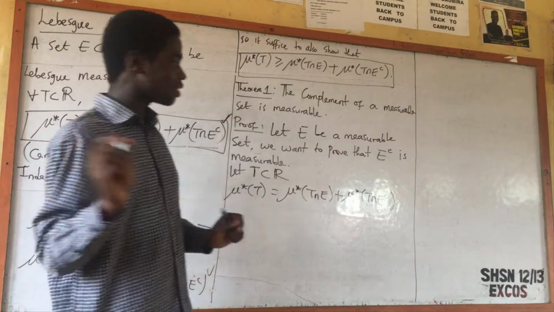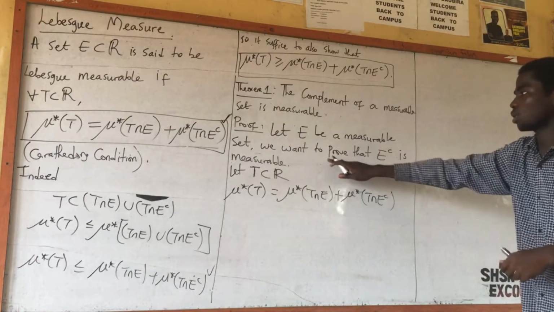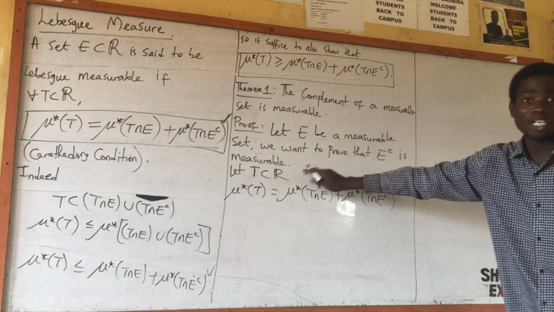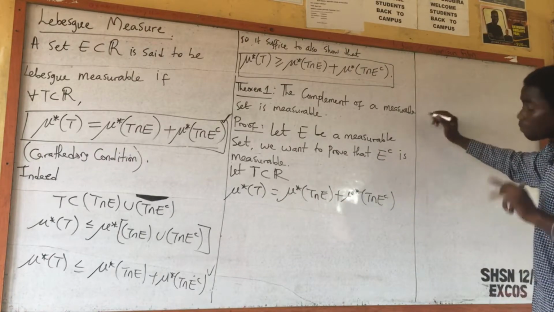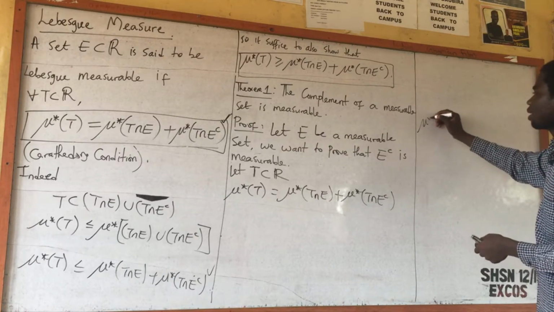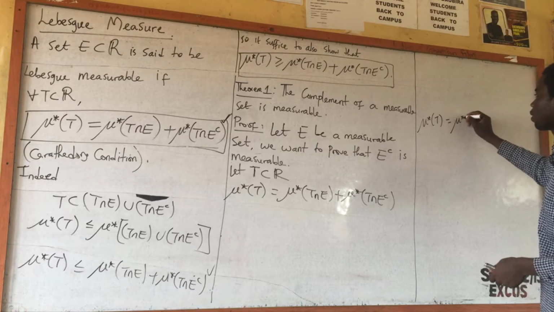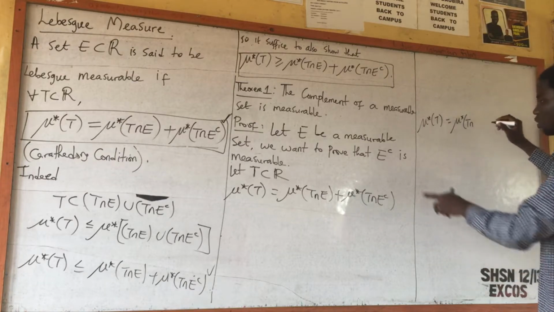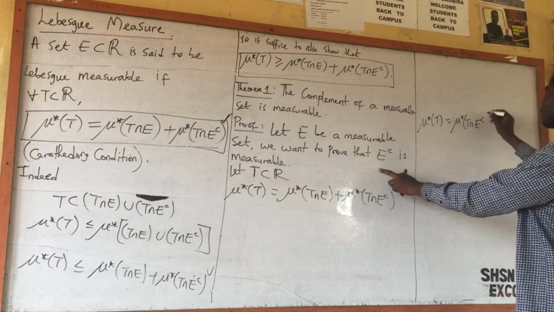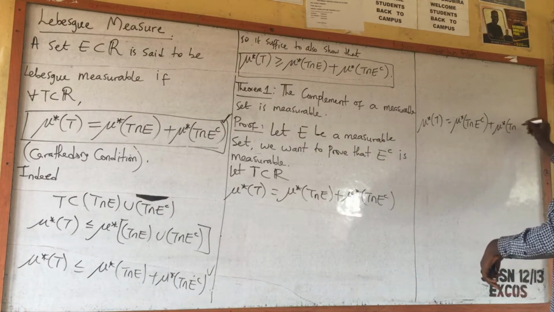So in reality, let me show you. What we want to prove is that E complement is measurable. For E complement to be measurable, it means that the outer measure of T will be equal to the outer measure of T intersection E complement plus the outer measure of T intersection E complement complement.